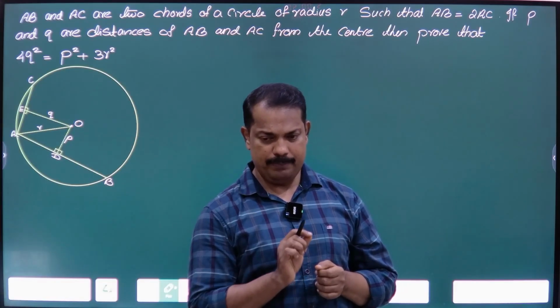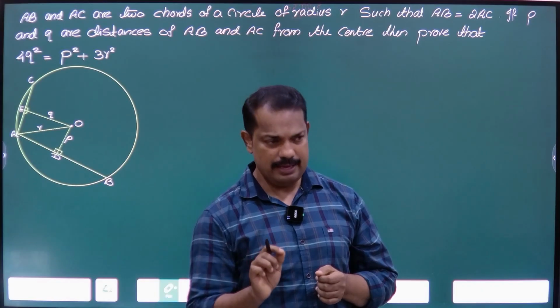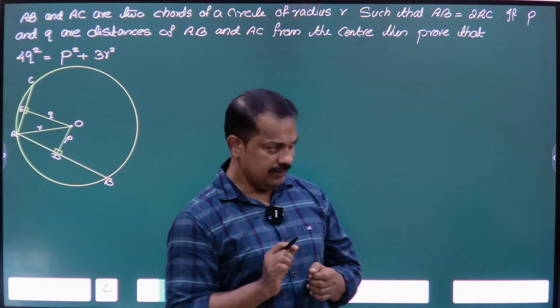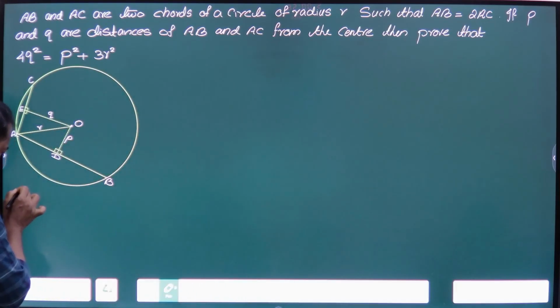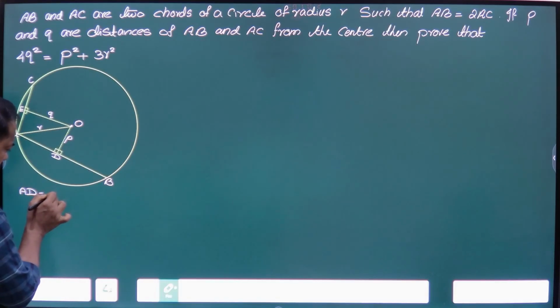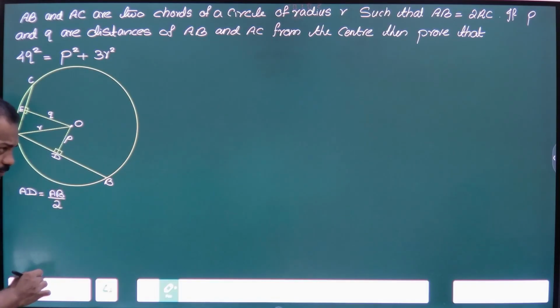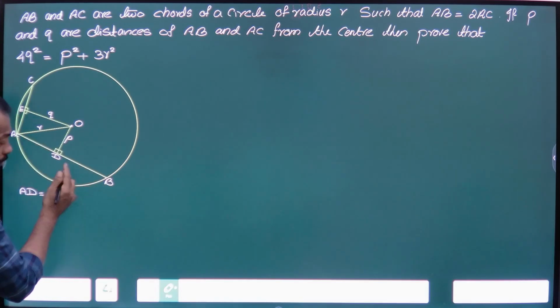OD perpendicular to AB implies AD is equal to AB divided by 2, or half of AB, it is the same thing. AD is equal to BD, what is the meaning of this?